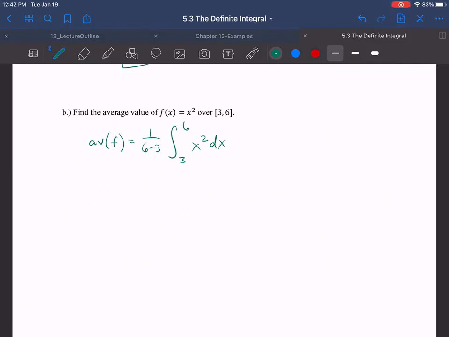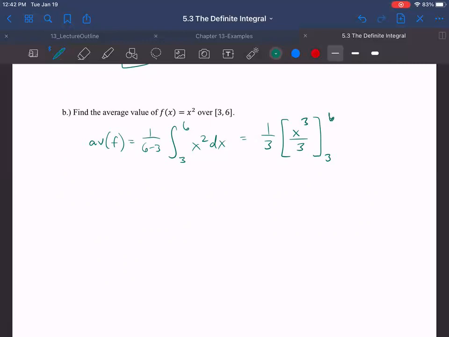Well, these integrals turn out to be anti-derivatives, which is why we don't need to do that page where we memorized some version of this. We can essentially just make this 1/3, and then this is x cubed over 3, like that. And then we're evaluating it from 3 to 6.